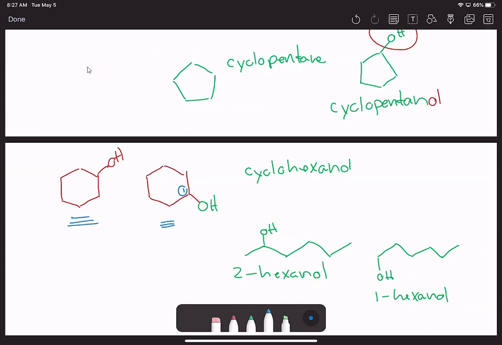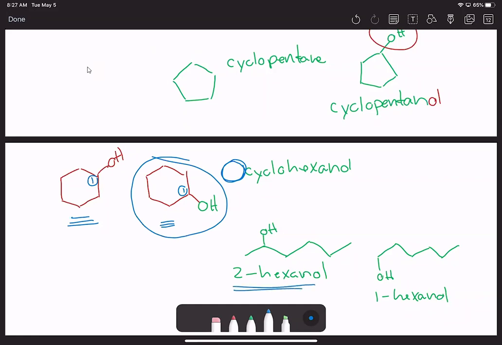In this structure over here, this is carbon number 1 wherever the functional group is at. Right. So notice that I don't have 1-cyclohexanol. So in our ring structures, all of these ring structures, I don't need to put in the location of that alcohol group.